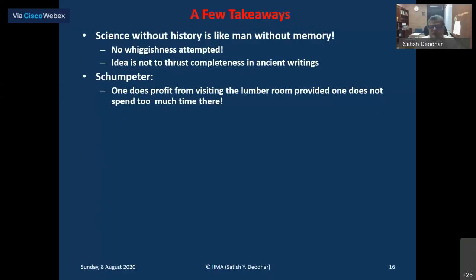You don't want to spend your entire life in the lumber room, but you need to pay a visit to the lumber room to learn a few important things. In this Think India session, if I have not taken you to the lumber room, at least I have shown you the door to the lumber room, right? You may open it and go in for a while so that you understand things a little better.